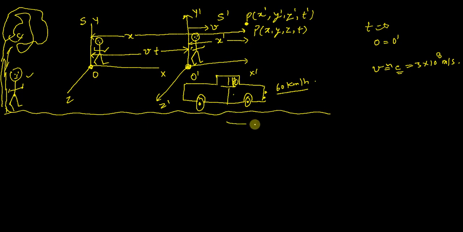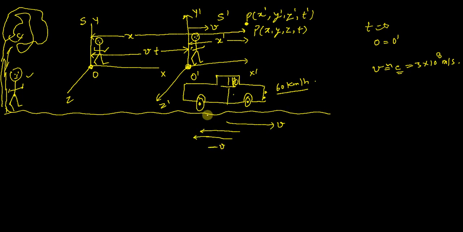If your train is moving in this direction, you observe that plants or trees are moving in the opposite direction with the same speed as your train. So v is in the positive direction, plants are moving in the opposite direction with the same speed, that is minus v, right? So this is the point.